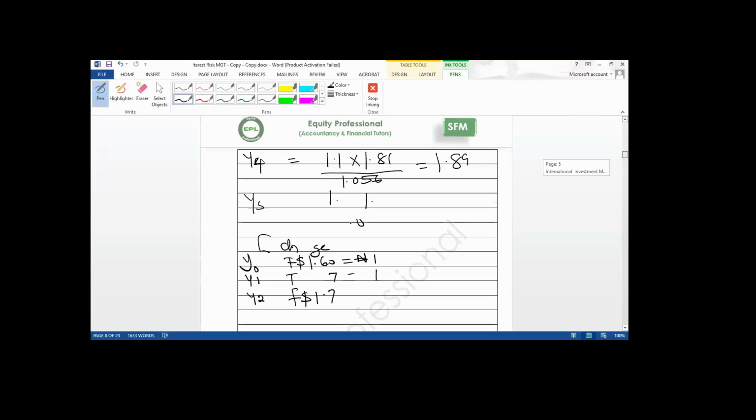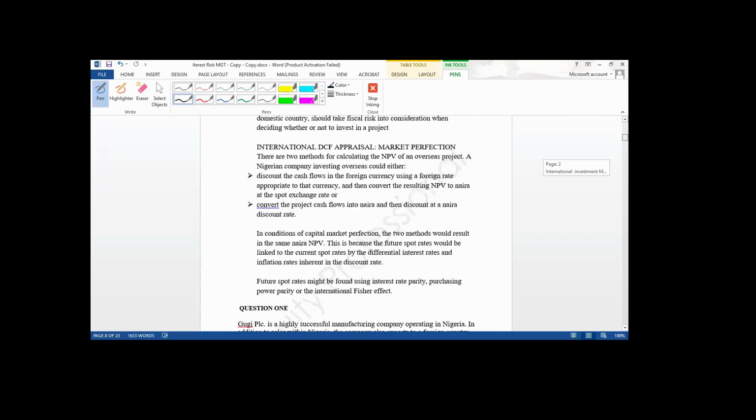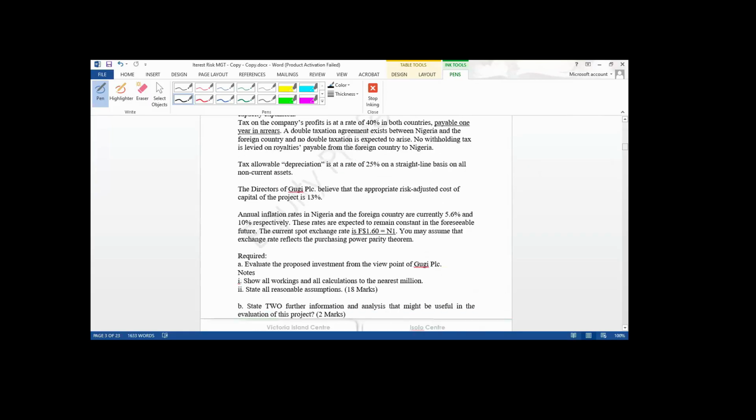State two further pieces of information that might be helpful in the evaluation of the project.